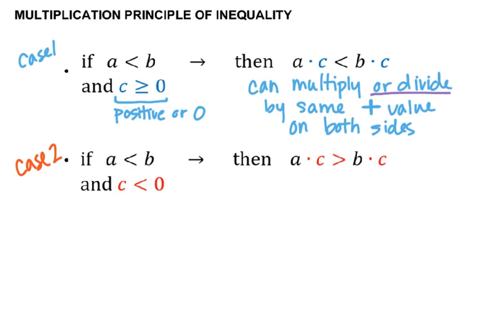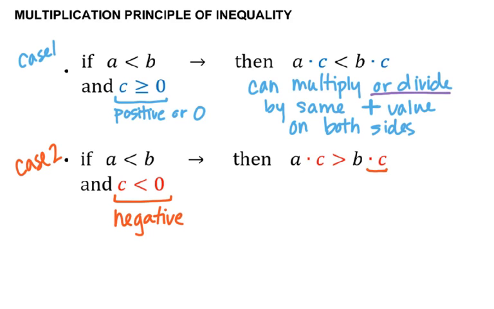Case two here says, well, if we start with an inequality and the value that we wish to multiply or divide by is less than 0. And less than 0 is our math way of saying negative. Well, what happens when we multiply by a negative on both sides of the equation?